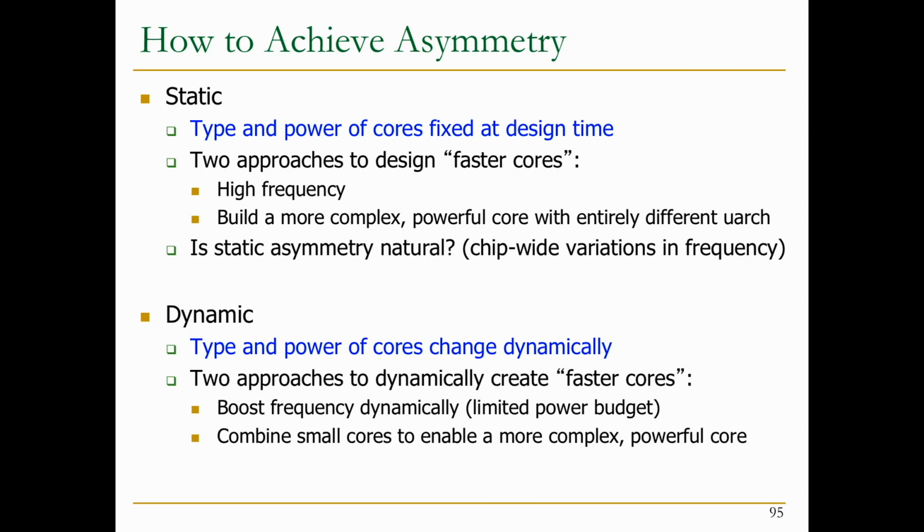And we briefly discussed this. This is not an easy thing to do, actually, because you need to have glue logic. You need to have additional overhead. And there are two approaches to this also, actually. One approach says, fundamentally, I'm going to design a simple core, and I'm going to add glue logic to merge those cores to be a larger out-of-order core. It turns out, I think this is very difficult. You start with a simple core. If you want to merge those cores, it's going to be difficult to achieve the performance of a large out-of-order core to begin with.